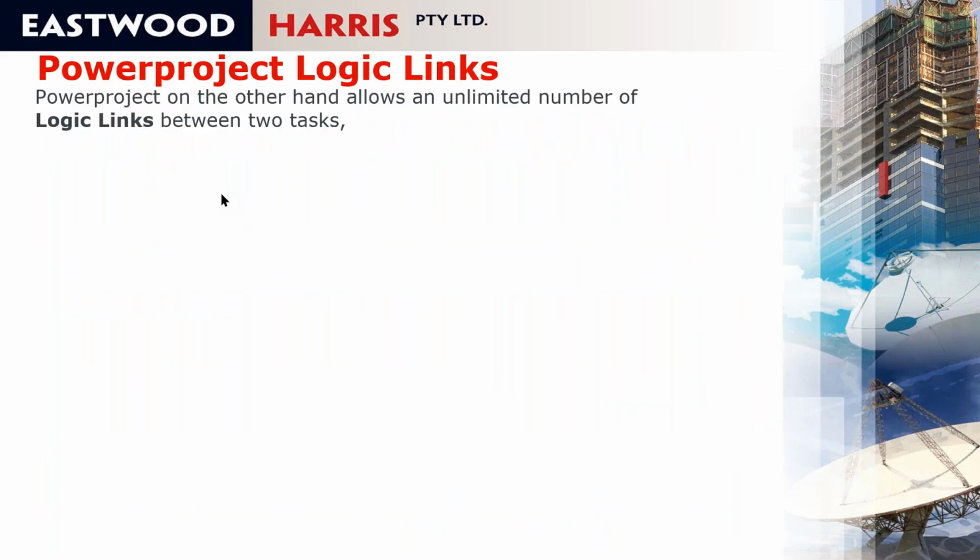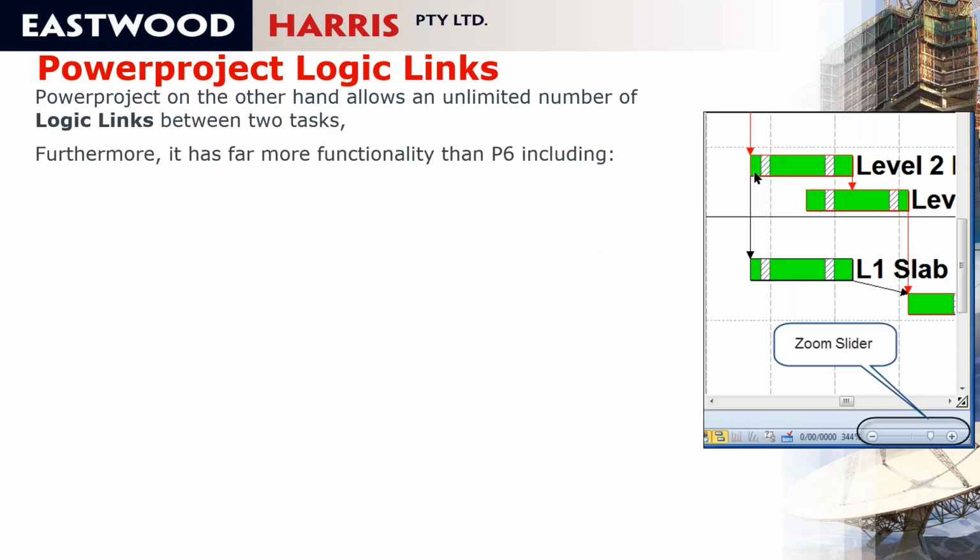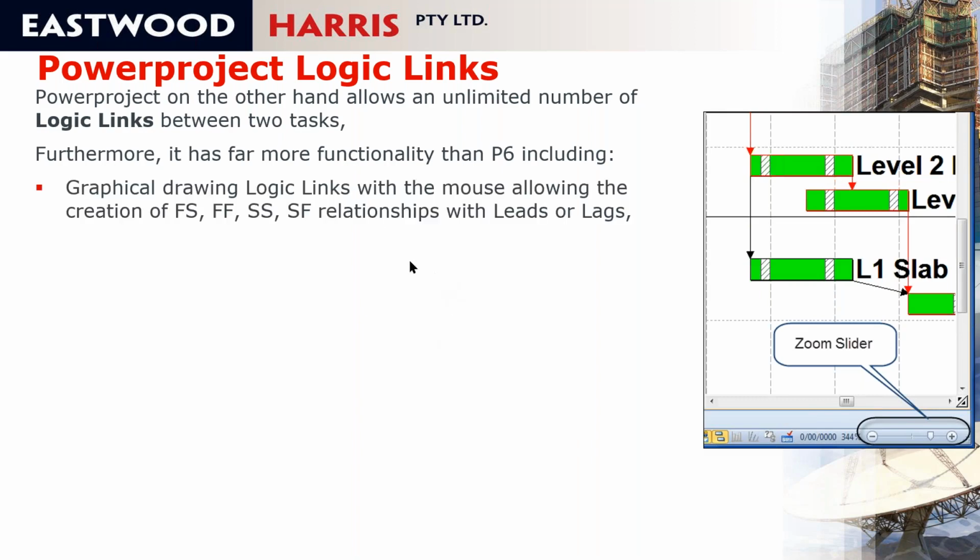So Powerproject, on the other hand, allows an unlimited number of logic links between 2 tasks. So you can have multiple relationships between 2 tasks, and it's got far more functionality than P6. First of all, you can graphically draw logic links with the mouse, but then you can also draw the leads and lags with the mouse as well.